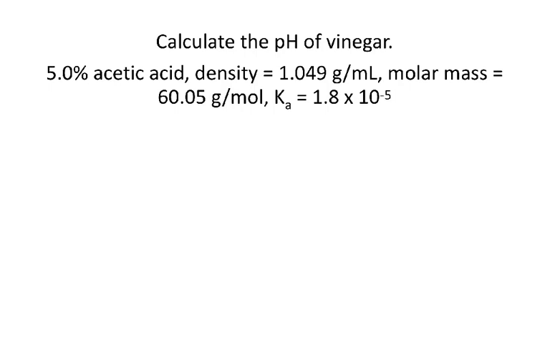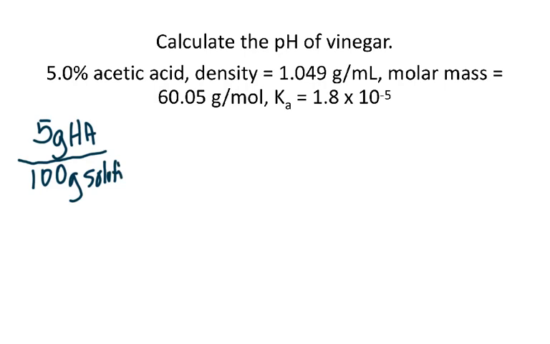So let's start off by converting our 5% acetic acid into molarity. So we have 5 grams of acetic acid, I'm just going to abbreviate it as HA, per 100 grams of solution. Now we want to convert our grams of our acid over to moles and our grams of solution over to liters.